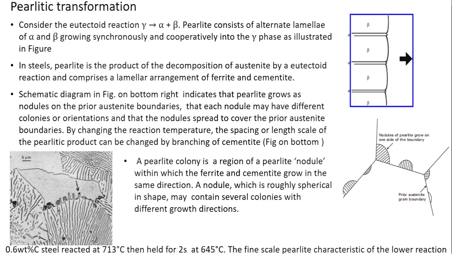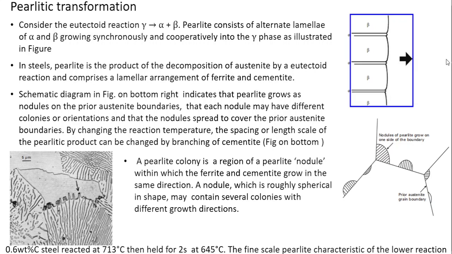Eutectoid reaction is associated with a single solid phase, say gamma, undergoing decomposition into two solid phases, say alpha and beta. Pearlite consists of alternate laminae of alpha and beta growing synchronously and cooperatively into the gamma phase.